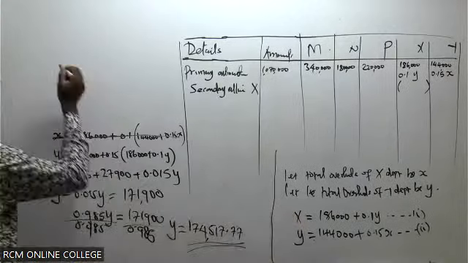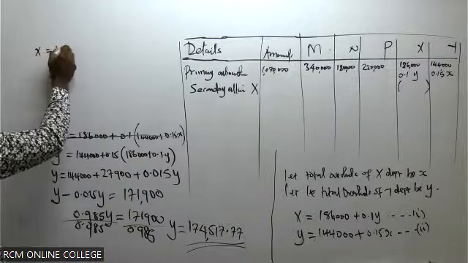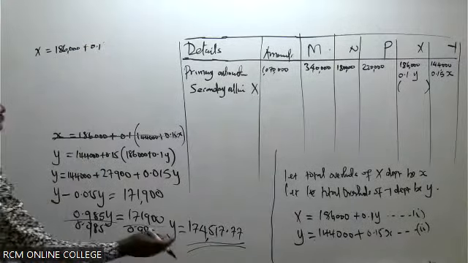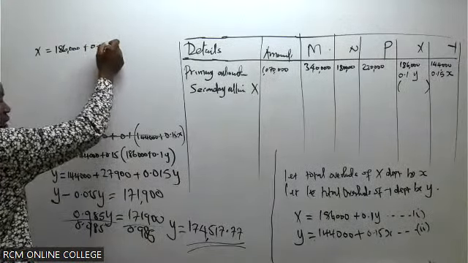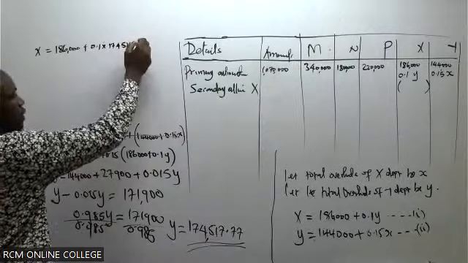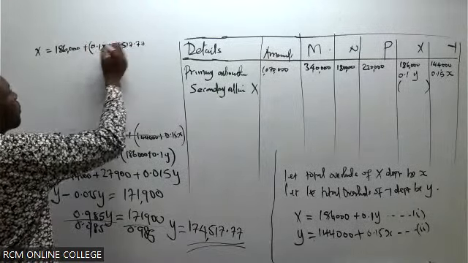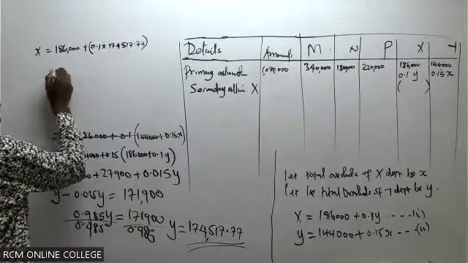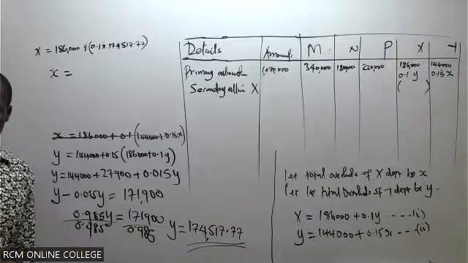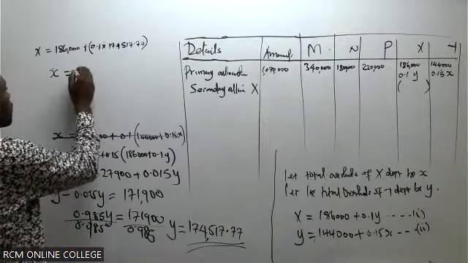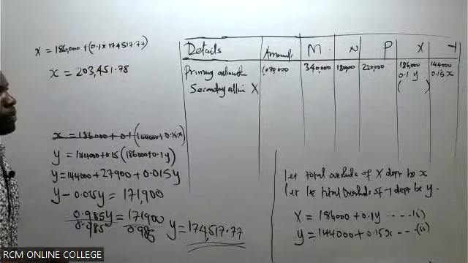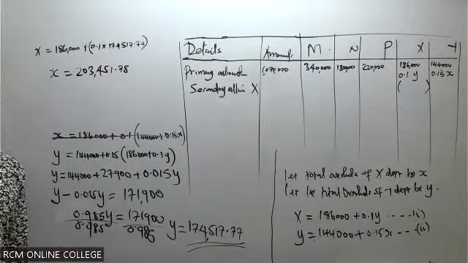Now when you come up here where you are indicating that X is equal to 186,000 plus 0.1Y, and now we have the value of Y, so 0.1 of 174,517.77. When we do that, what do we get as the value of X? 23,451.78.